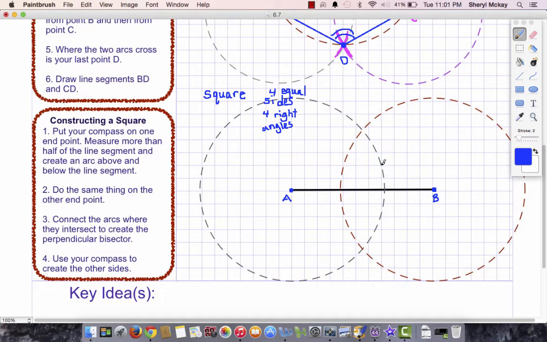You're going to make a little mark up here like that, and then you're going to come down here and make another little mark down here. So you're basically making a mark, the distance from A to more than halfway across the line segment, and you're making your circle.